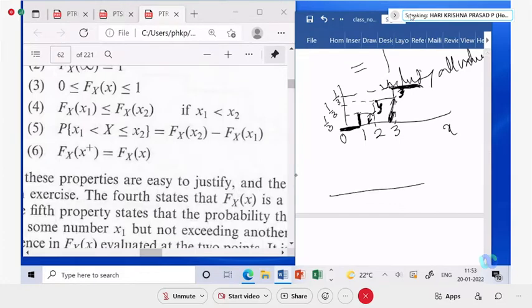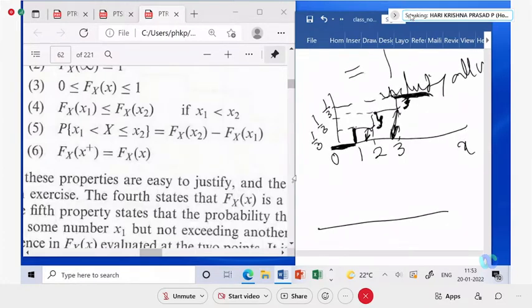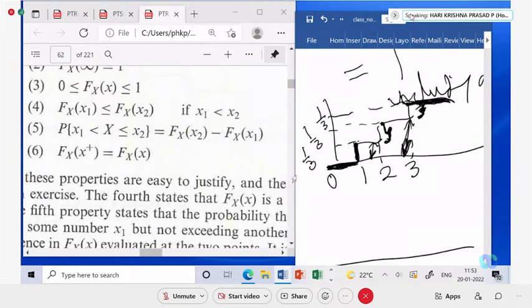Now I am considering, in this example only, I will take. I hope your figure is okay. Now you consider x1 as 1.5, say x2 as 2.5. So apply this x1 and x2 to property 4.